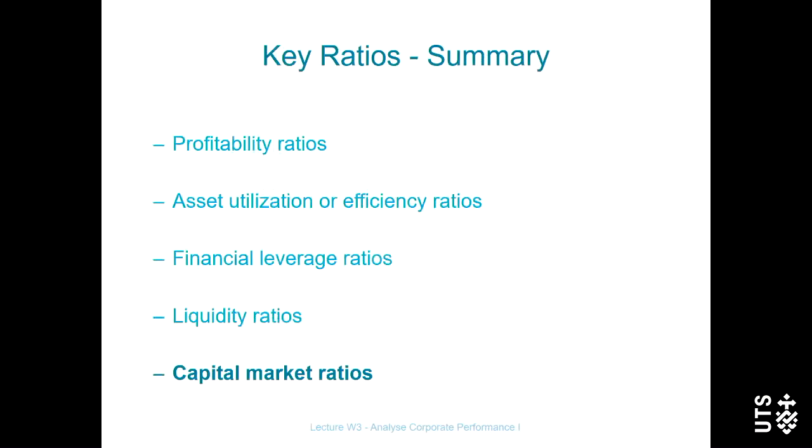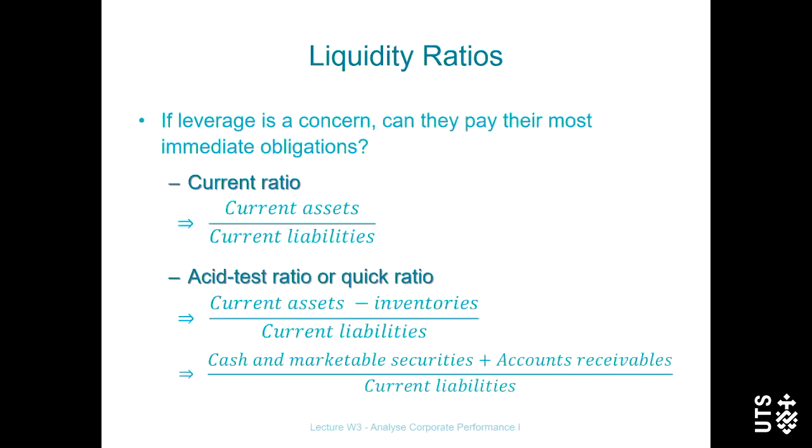Liquidity ratios. We're focusing on two of them, the current ratio and the acid test ratio, or quick ratio. The current ratio divides your current assets by your current liabilities.